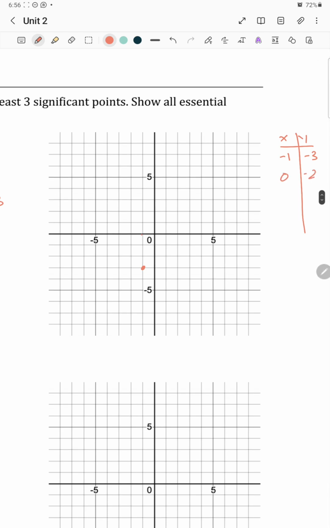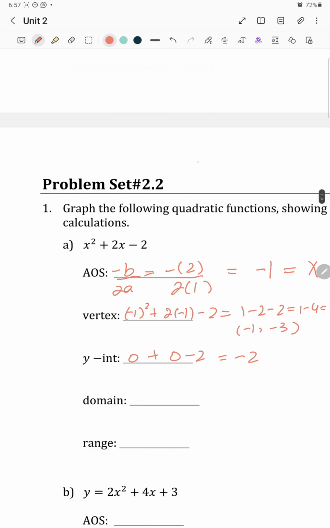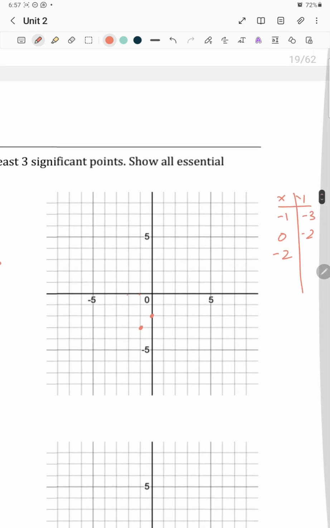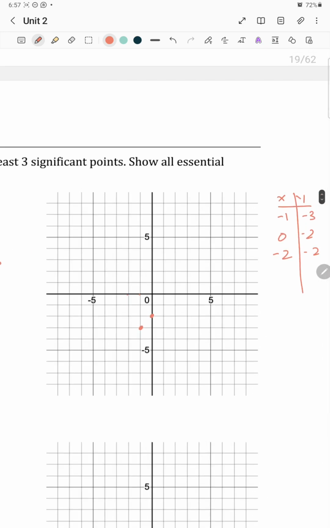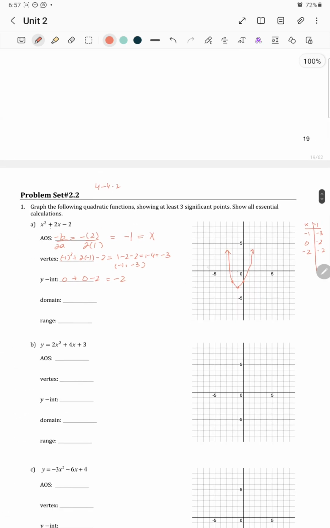For minus 2 it's going to be minus 2 square is plus 4, minus 4, minus 2, so minus 2. So the graph is going like this. The domain of the graph is the x values, going from minus infinity to plus infinity, and the range is going from minus 3 to plus infinity.